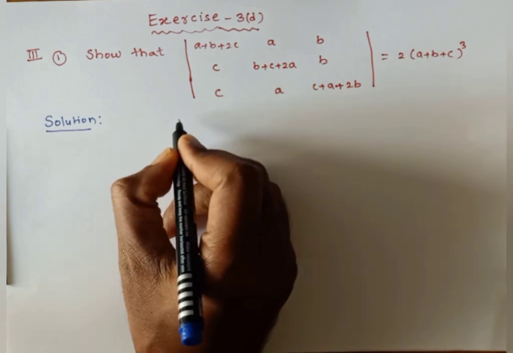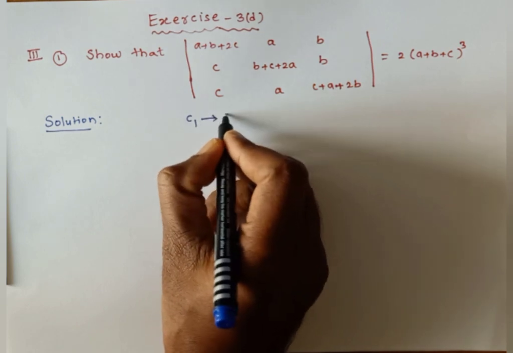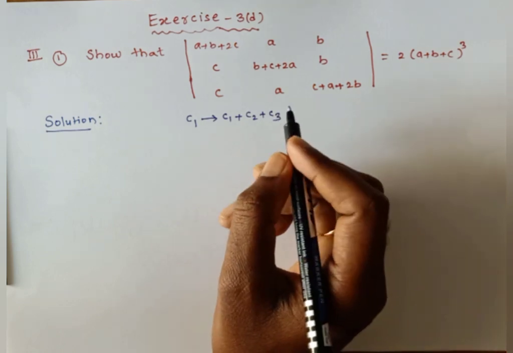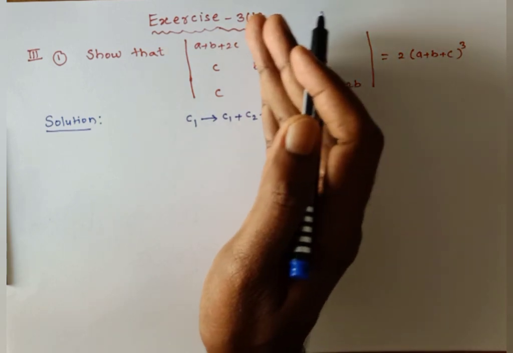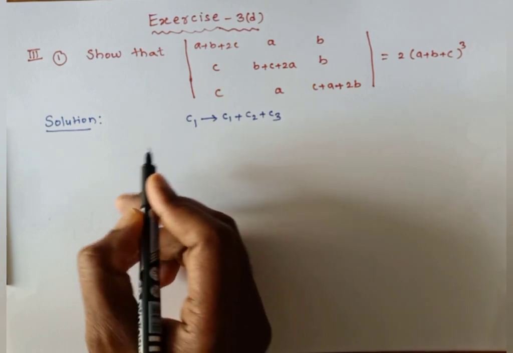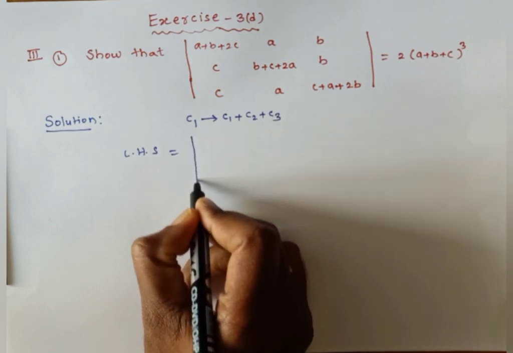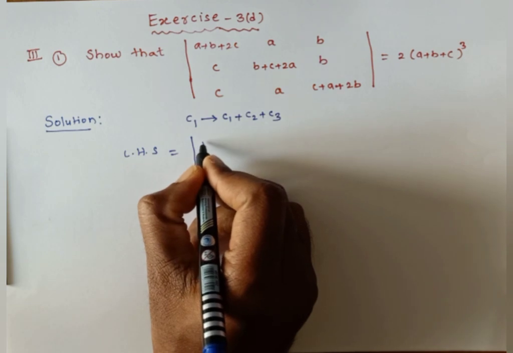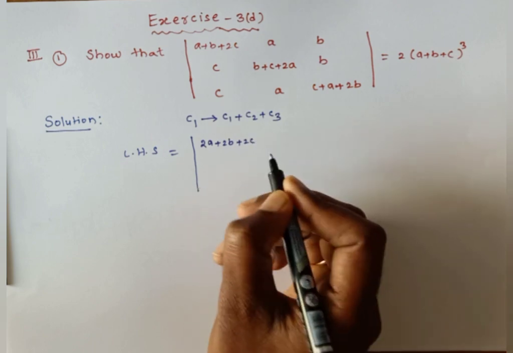Here, applying column 1 as column 1 plus column 2 plus column 3, we just add the corresponding elements of columns 2 and 3 to column 1. Now the left hand side of the given problem becomes: a plus b plus 2c means 2a plus 2b plus 2c, right?